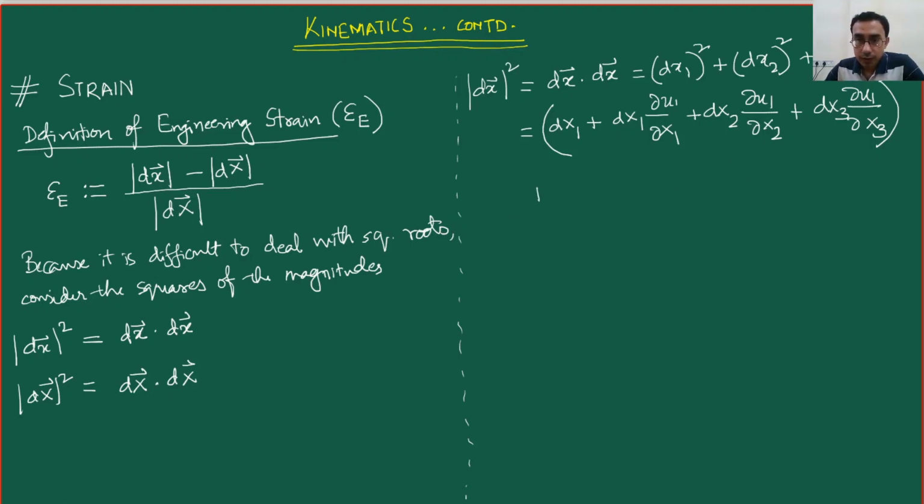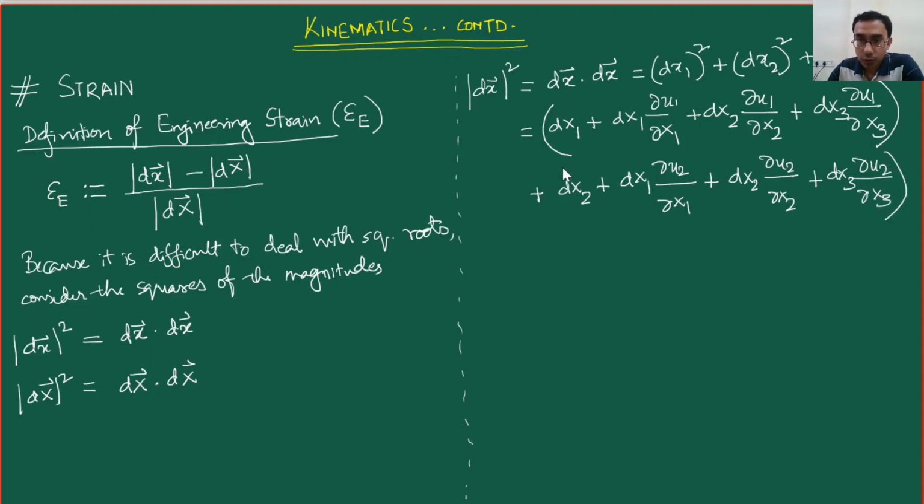So I have to write the d small x2 square, and that will be this, again a square over this.